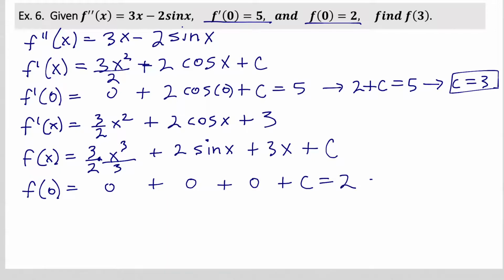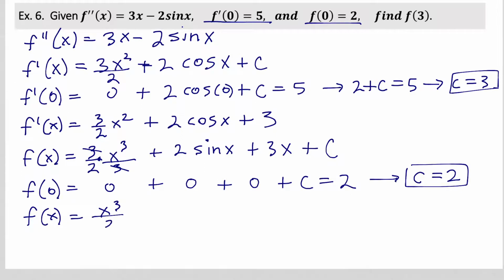So that means c is equal to 2 for the f function. So simplifying the f function, let's cancel these 3's here. I'll have x cubed over 2 plus 2 sine of x plus 3x plus 2.